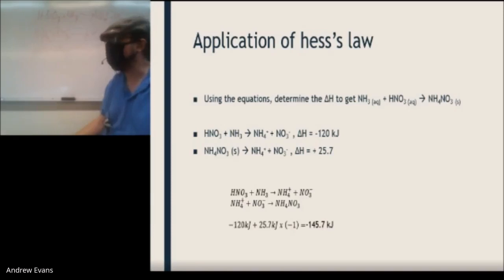We are going to mix a couple acids and bases together to determine what this dissociation reaction would be. We are going to first test out the calorimetry of the coffee cup, hot water plus cold water, and see what temperature they change to, and measure how much heat the coffee cup absorbs.